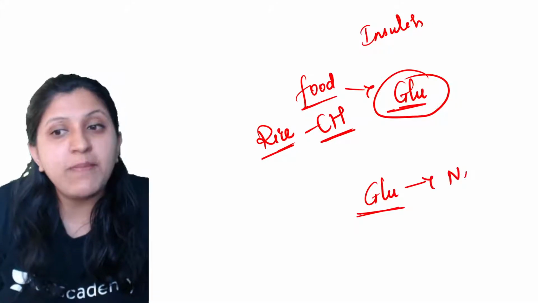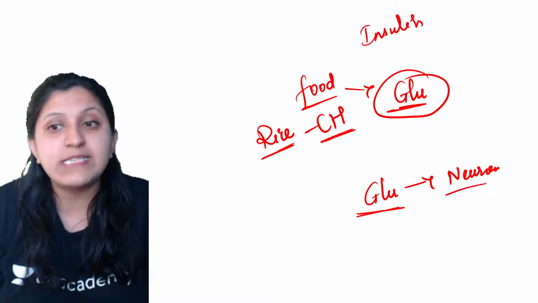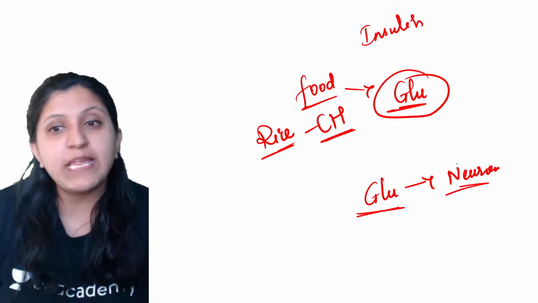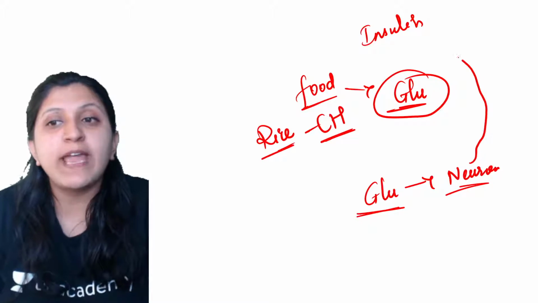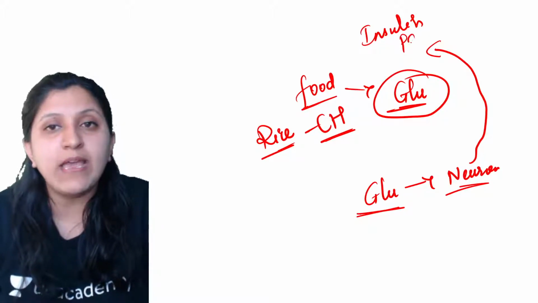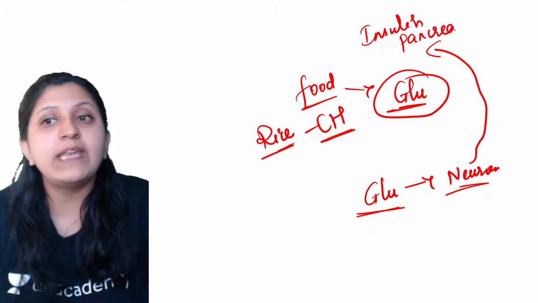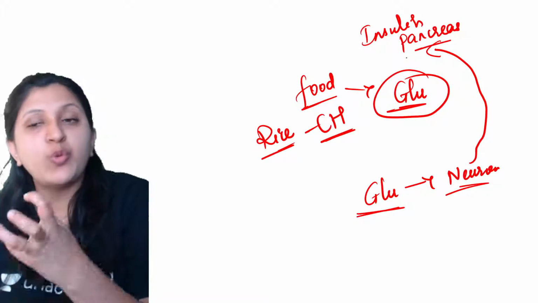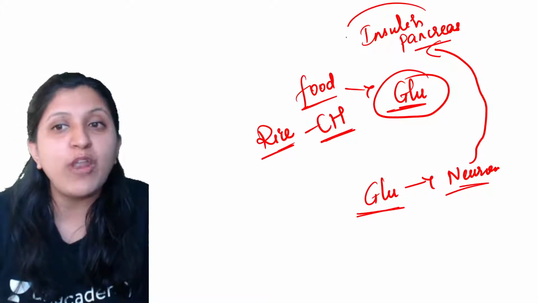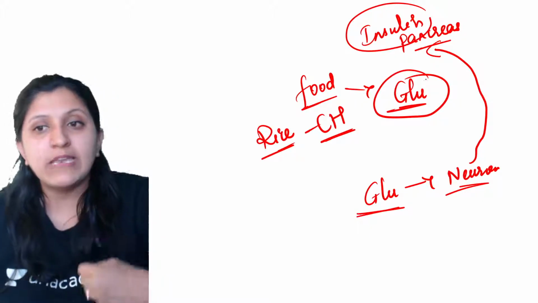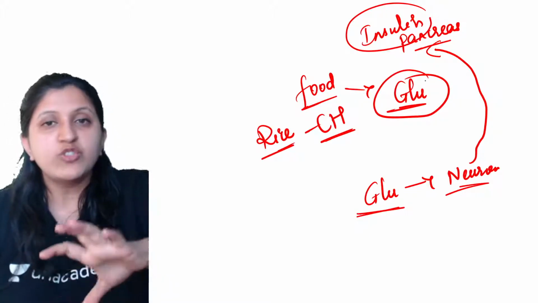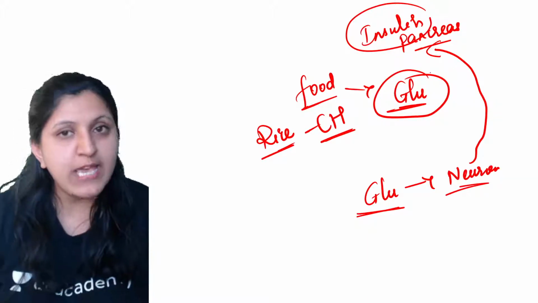The neuron. These are the sensory cells, specialized epithelial cells, and they detect this. The neuron sends an impulse to the pancreas, through which insulin production will occur. So the pancreas is getting a signal from the brain to produce insulin.